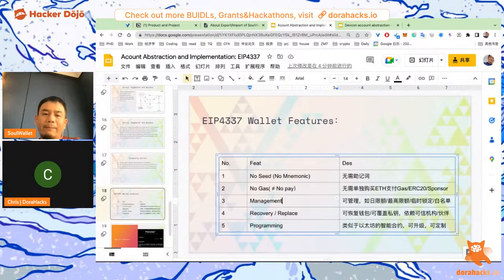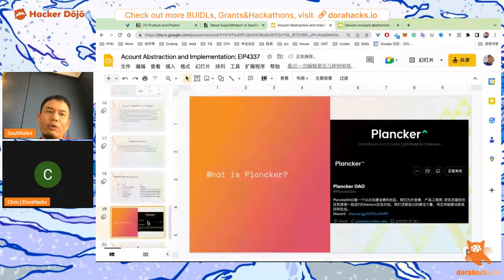So we can provide this management, and we have the recovery or replace ability to make sure your account is never lost. And also we have programmability. The smart contract can be programmed. Yeah, that's the total introduction.